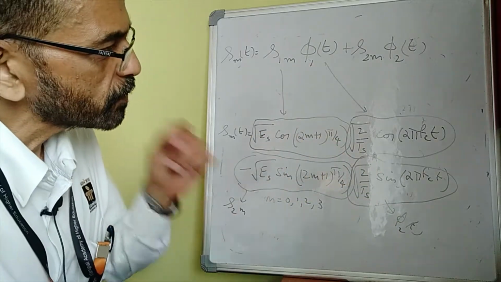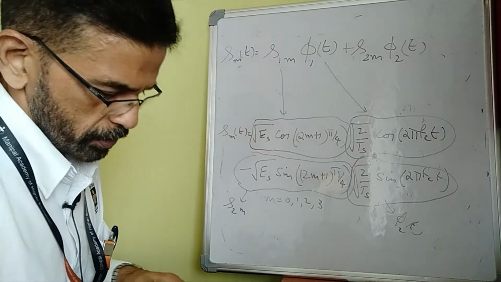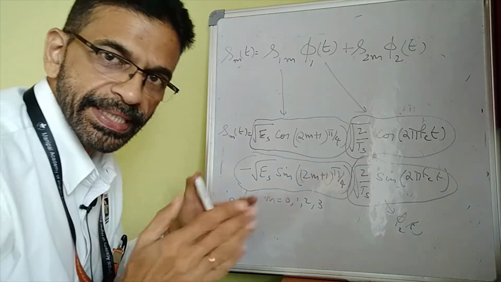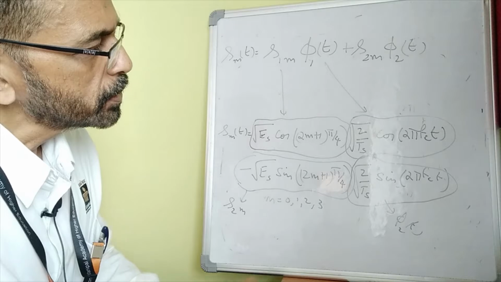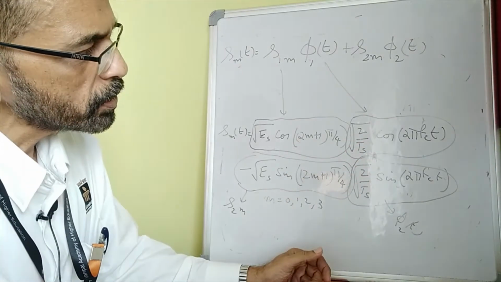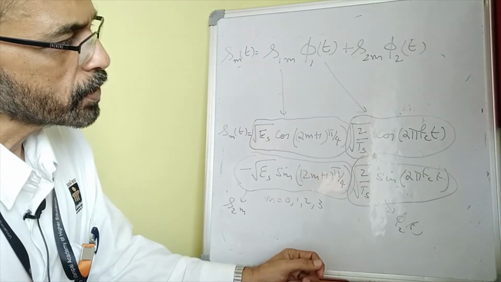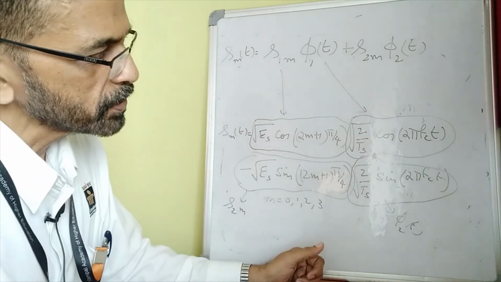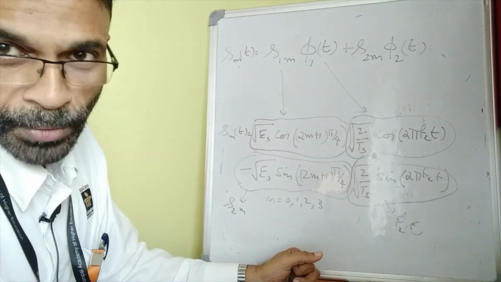And you can see that phi1(t) and phi2(t) form an orthonormal set of two functions. Energy is 1 and they are orthogonal to each other in the duration Ts. Again, fc is taken as an integer times 1 by Ts.